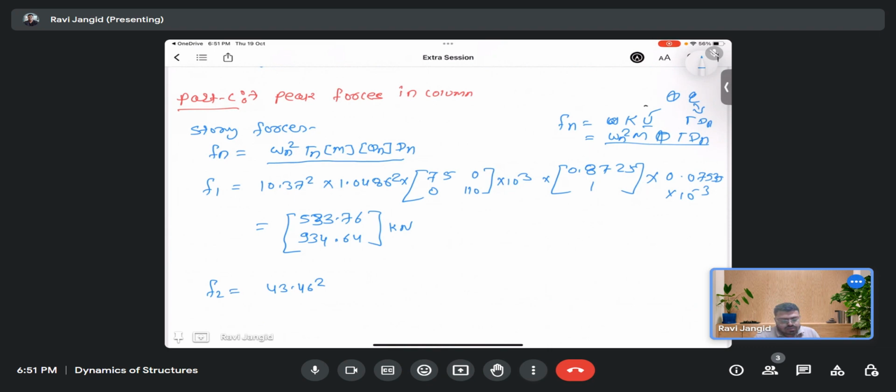That would be 43.46 square into 0.0486 into mass matrix 75. That would not be 75 actually, that would be 72, but the calculation is correct.